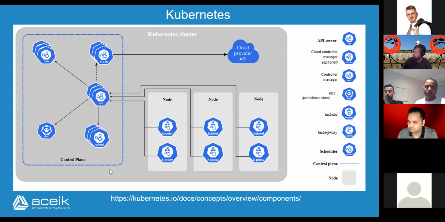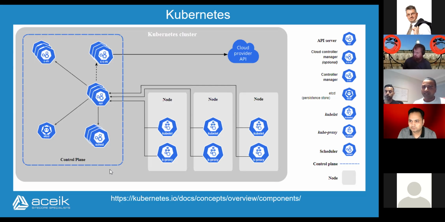Kubernetes is offered as a managed service by a lot of the cloud providers these days, like AWS, Microsoft, or Google. These major cloud providers offer Kubernetes as a platform as a service. So what does Kubernetes consist of?